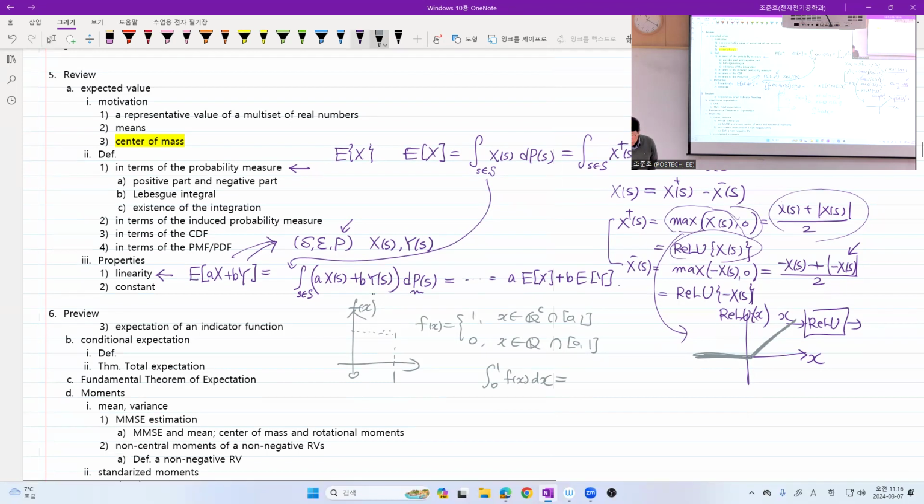However, in the Lebesgue integral, in order to circumvent this kind of problem, definitely we have uncountably infinite number of irrational numbers and countably many rational numbers in this interval. And as long as you just remove one, for example, 1/2, if the function value is always 1, and you just set the function value at 1/2 to 0, it does not change the Riemann integral over the area, right?